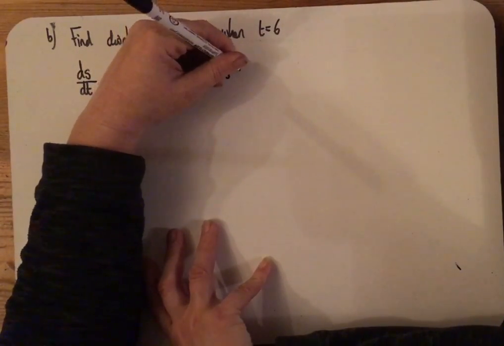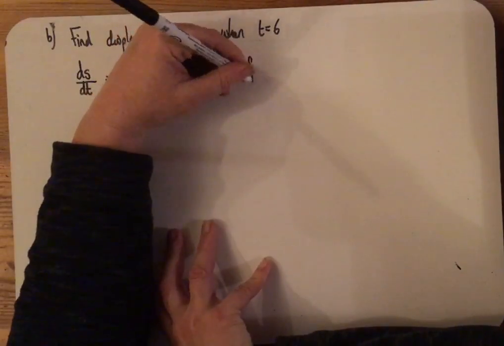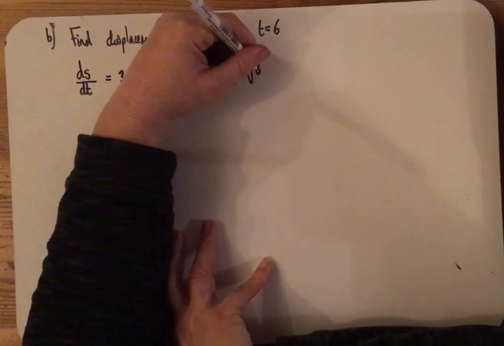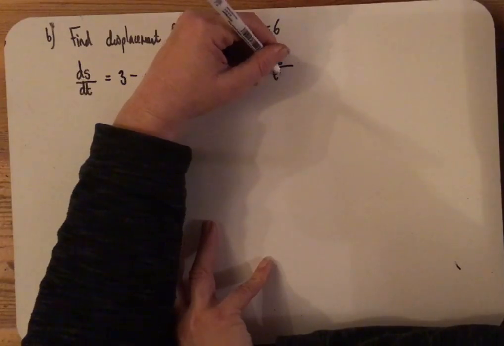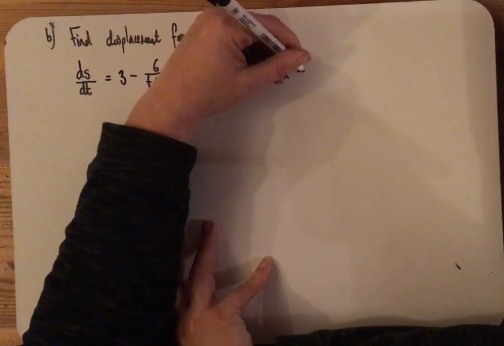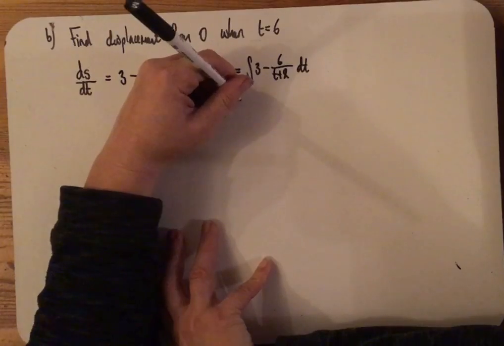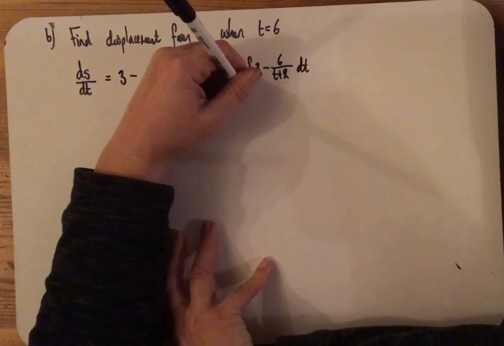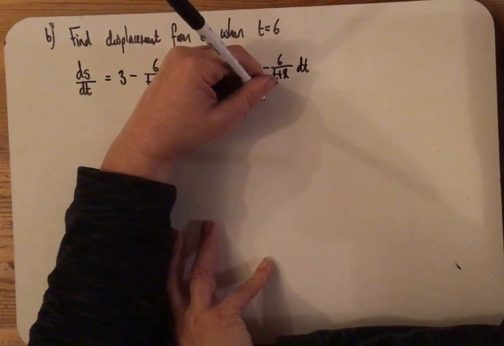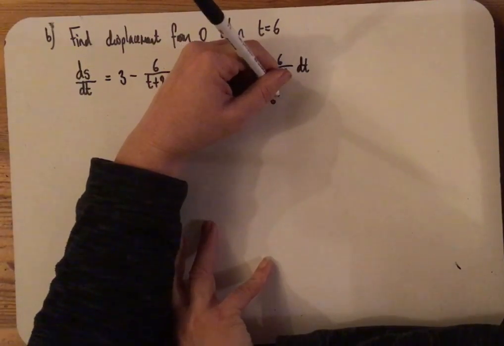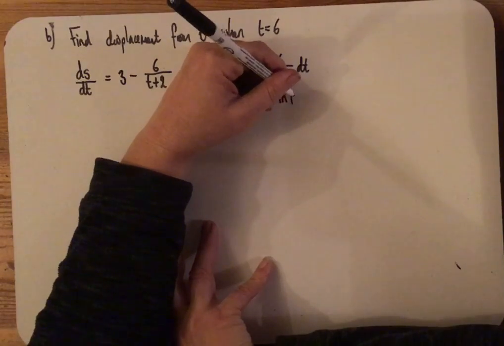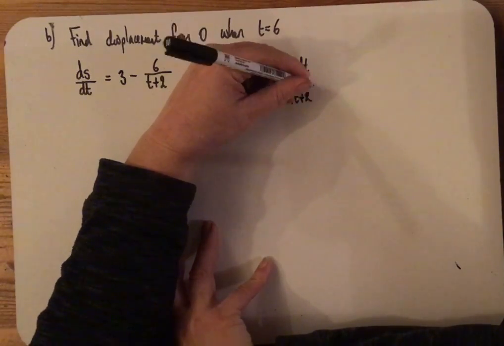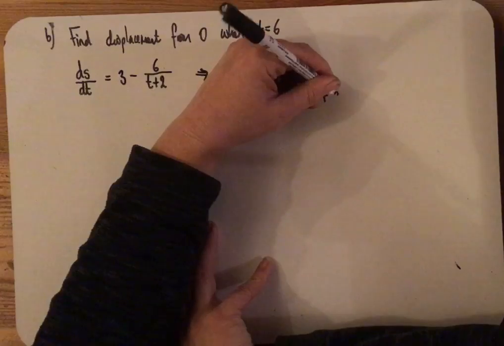So displacement is equal to the integral of 3 minus 6 over (t plus 2). So that is going to be 3t minus 6 ln(t plus 2), and then we need that plus c in there.